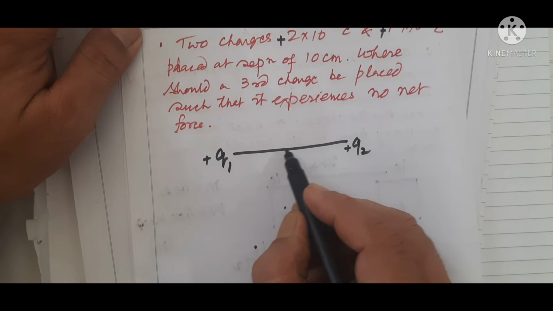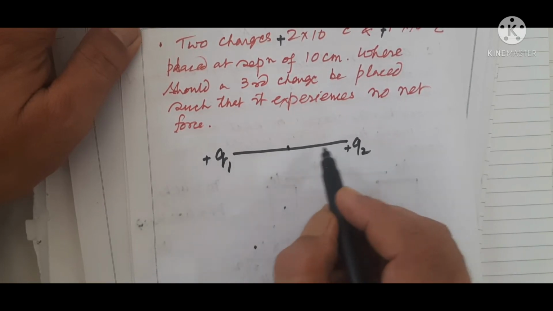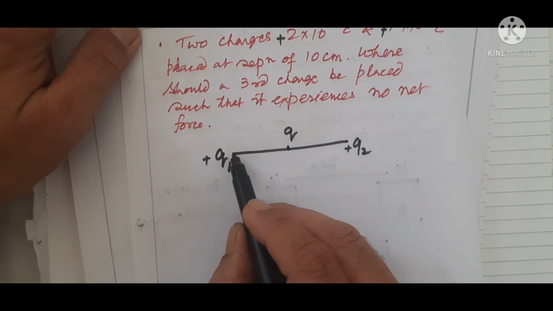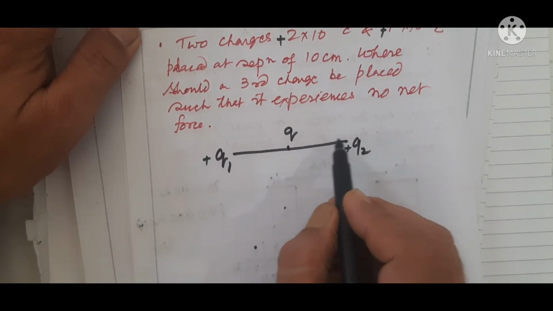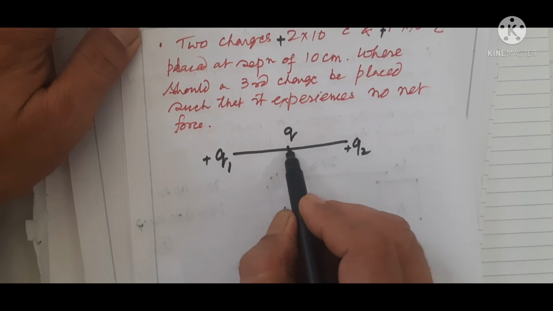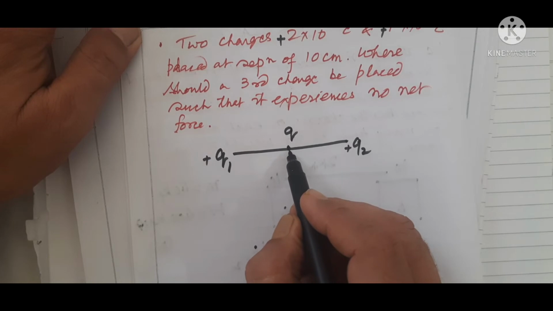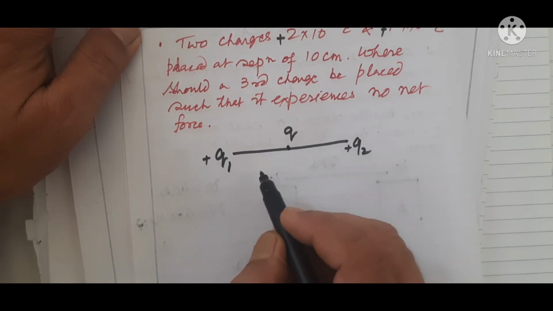So definitely we have to place the third charge in between these two, say Q. Then there is repulsion from here and repulsion from here.